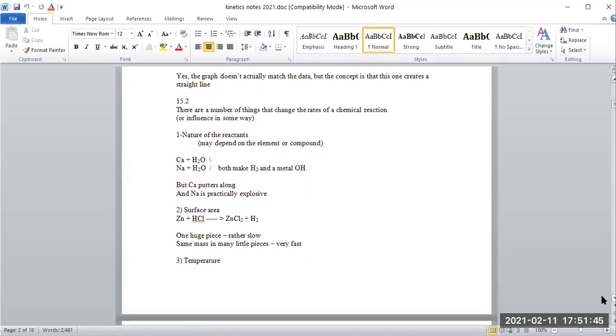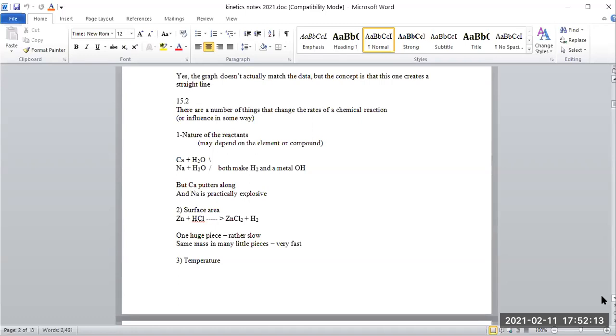Surface area also affects your rate. If you took a strip of zinc, nice, like maybe a centimeter wide, 2 or 3 centimeters long, and put it in a hydrochloric acid solution, again, kind of like the Alka-Seltzer, it'll sit there and fizz because it does produce hydrogen gas and zinc chloride.